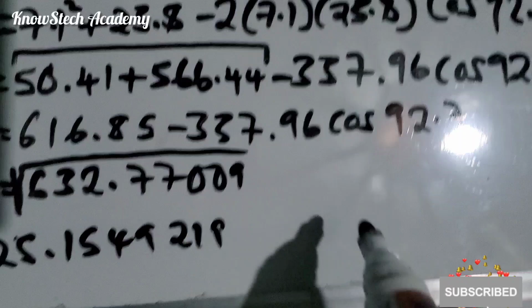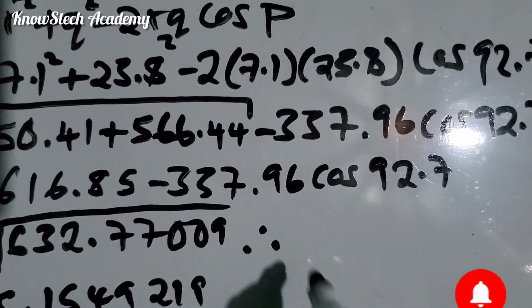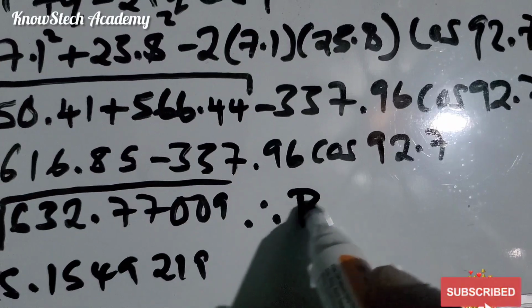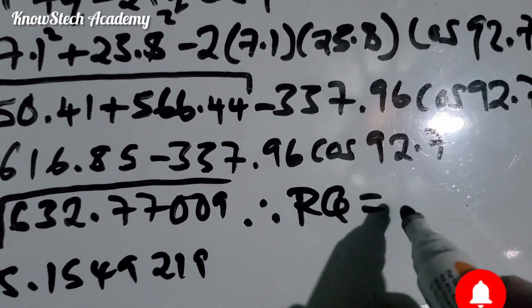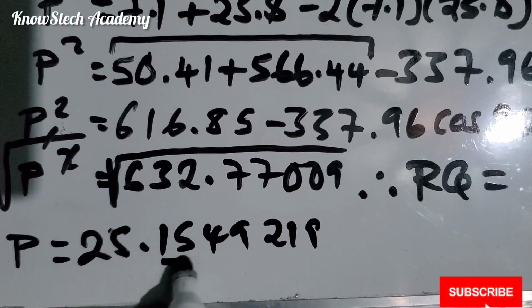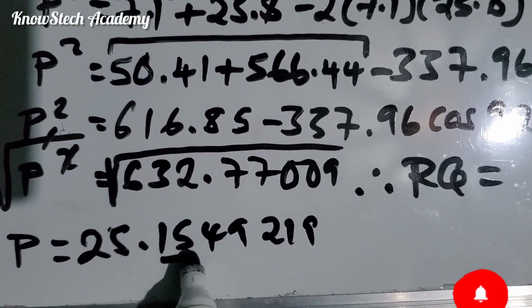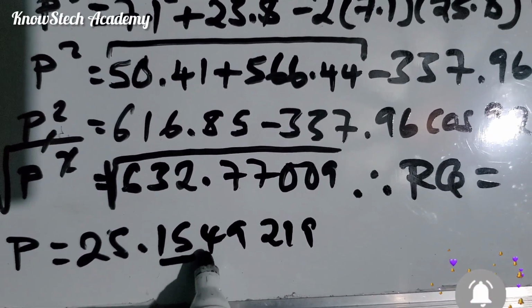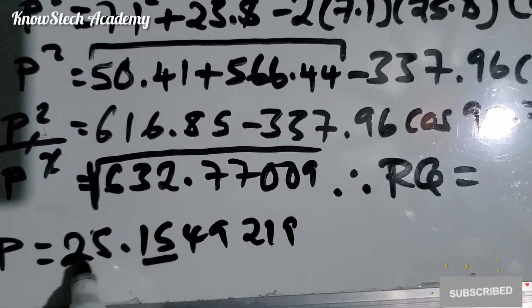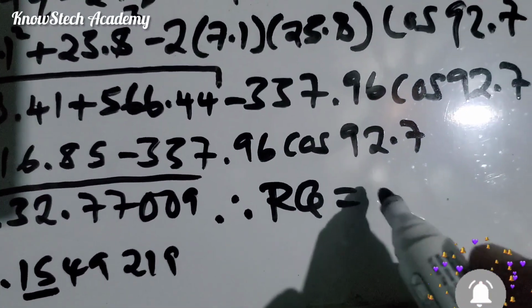Now, you remember the question asked us to leave the answer to 2 decimal places. So we're going to say, therefore, distance RQ to 2 decimal places is up to 5 here. Then the number after 5 is less than 5, so you don't add 1 to the previous number. So it will be 25.15.